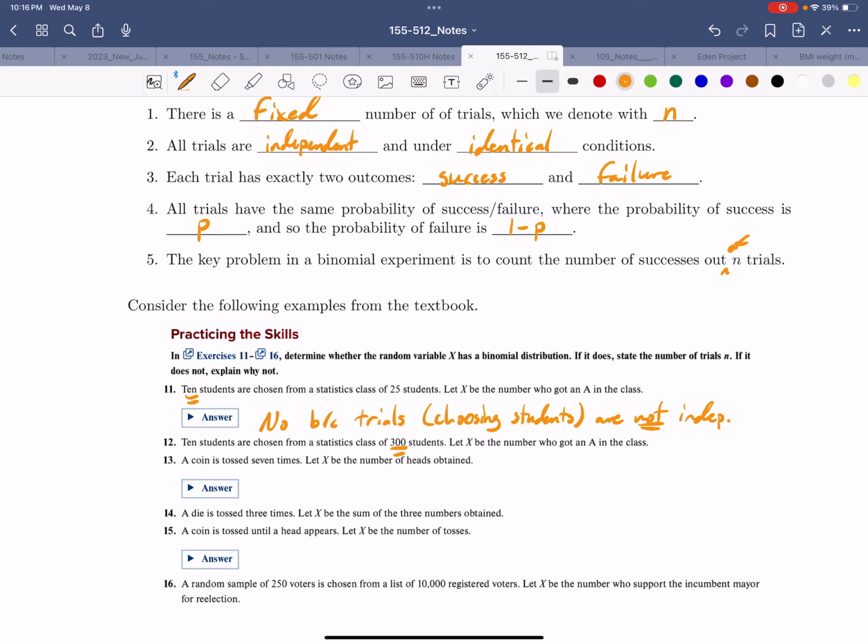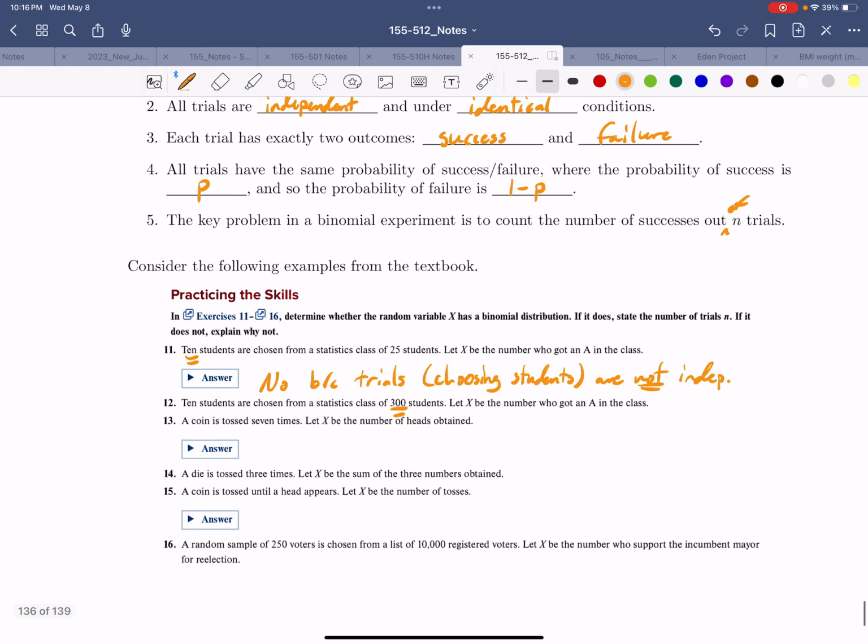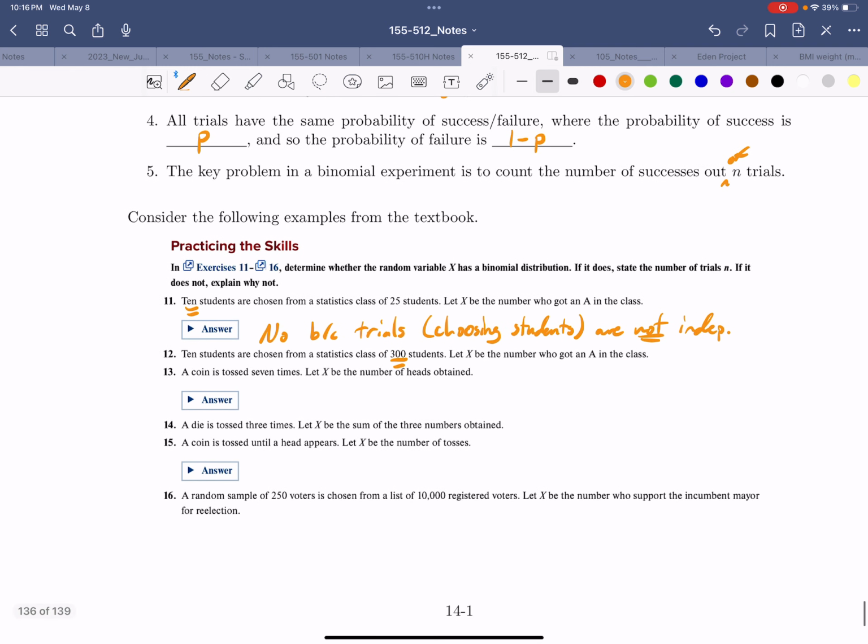Okay? 10 students are chosen from 300 students. Let x be the number who got an A in the class. Well, technically speaking, the trials still are not independent. However, the book does have a little note that says, if your sample is less than a certain percentage of the population, then it's okay. I believe it's 5%.